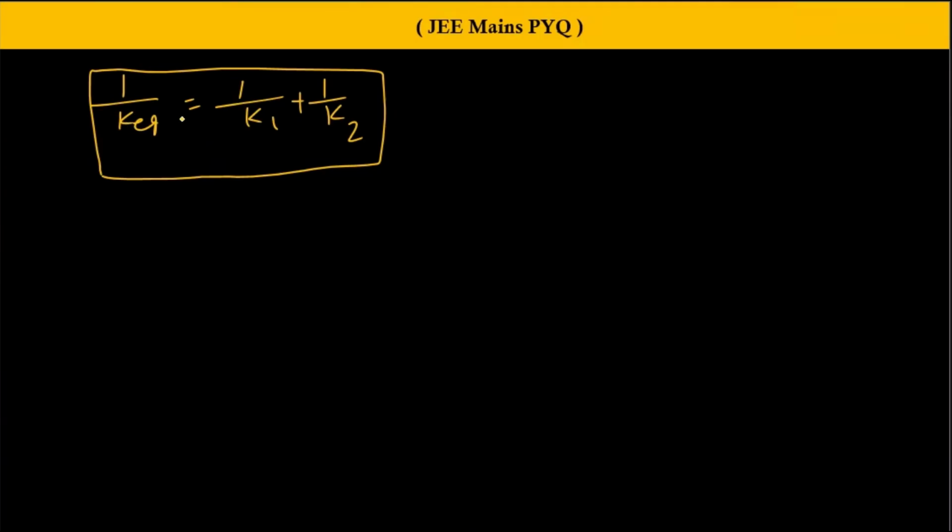So what you have to do is simply partially differentiate both sides. So here k equivalent^-1 is equal to k1^-1 plus k2^-1. Okay, so this is partially differentiating. If you partially differentiate with respect to itself, then k equivalent^-1 in terms of k equivalent gives you -1/k equivalent squared delta k equivalent.